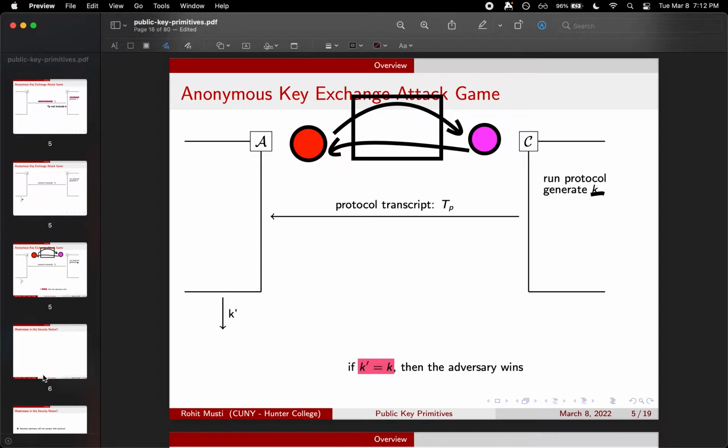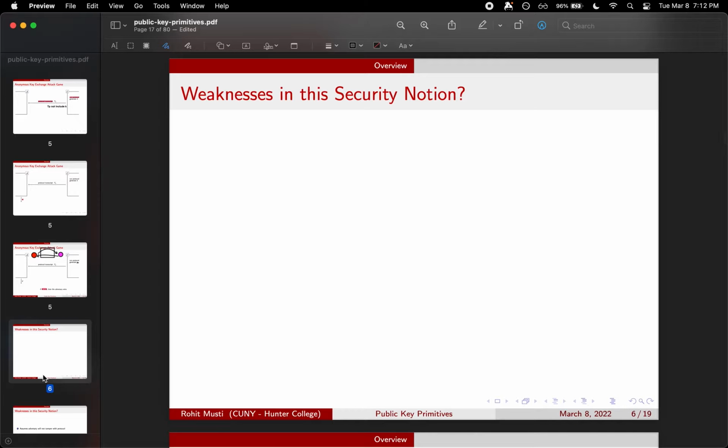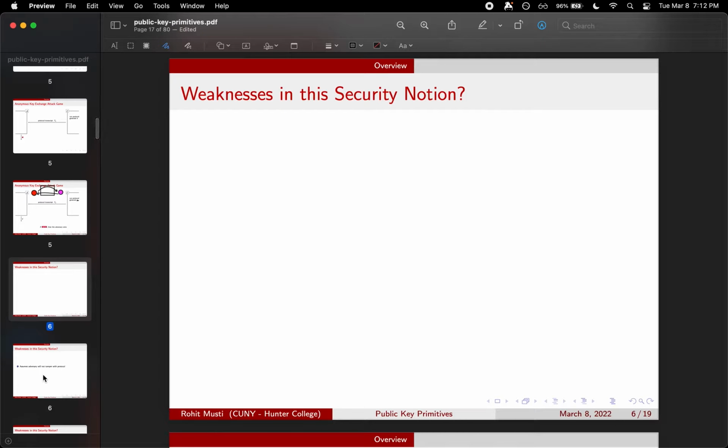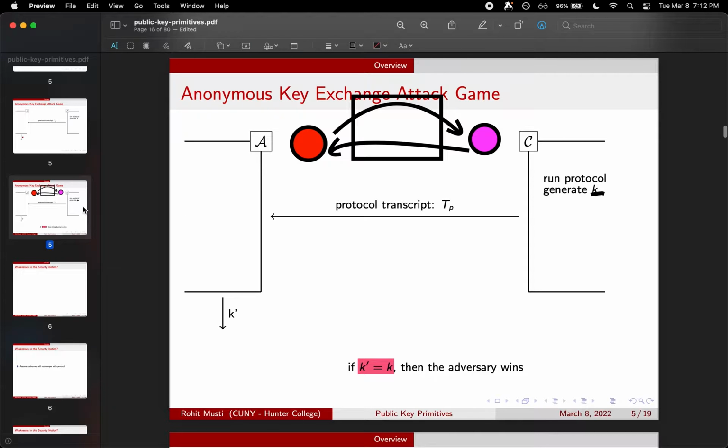Normally I'd pause here and discuss questions in a few minutes, but because we're doing this asynchronously, I'll continue forward. So what are the weaknesses in this notion of security? Well, number one, we're assuming that the adversary will not tamper with this protocol. If we consider our previous discussion, we're assuming that the adversary is passive.